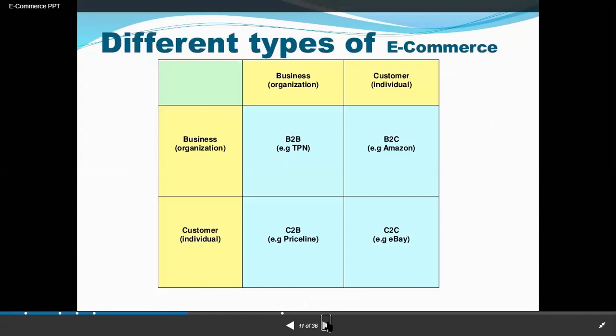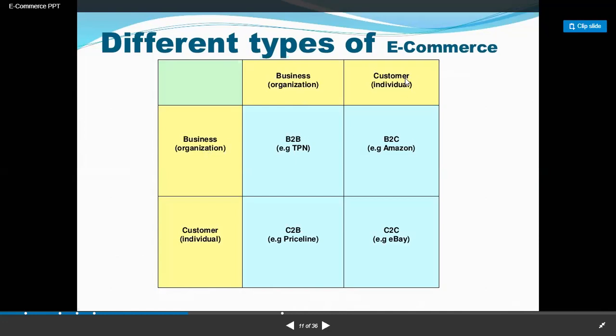Then there are different types of e-commerce: B2B, B2C, C2B, and C2C. They have made a grid of these different types. If any transfer is going on from business to business, using the internet and e-commerce, with goods moving from one business to another, we call it B2B.